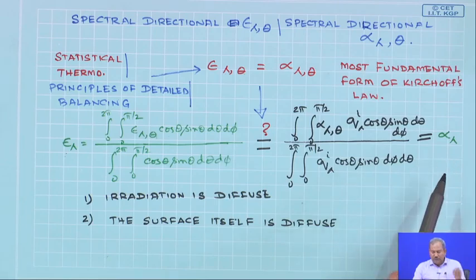I think you should look at the expression carefully and imagine what would happen when the directional dependence of the property is not there. So, alpha lambda theta and epsilon lambda theta can be taken outside.